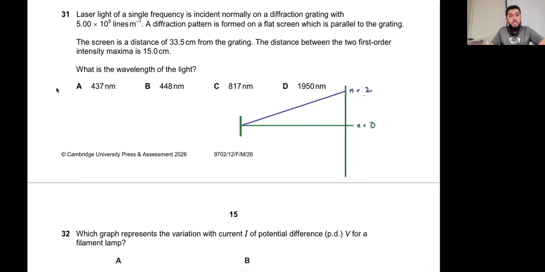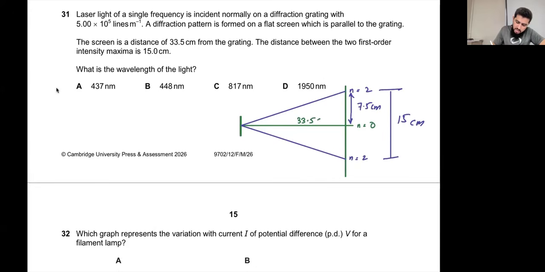This is n equals 2. और फिर यहाँ पर नीचे आपके पास n equals 2 होगा at an equal distance. The question says the distance between the two first order is 15 centimeters, which means this here is 7.5 centimeters. And the screen is at a distance of 33.5 centimeters.